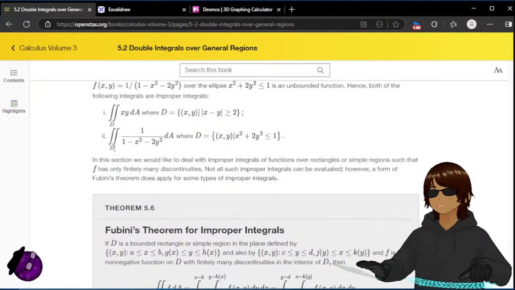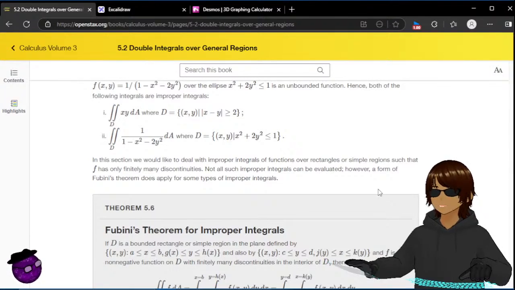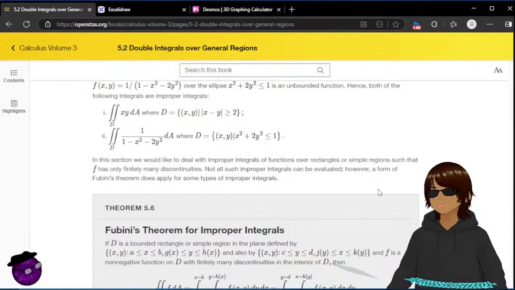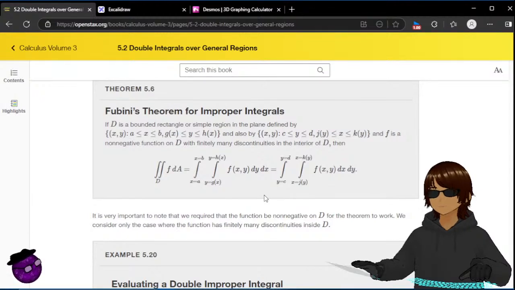In this section, we would like to deal with improper integrals of functions over rectangles or simple regions where f has only finitely many discontinuities. Not all such improper integrals can be evaluated. However, a form of Fubini's theorem does apply to some types of improper integrals.